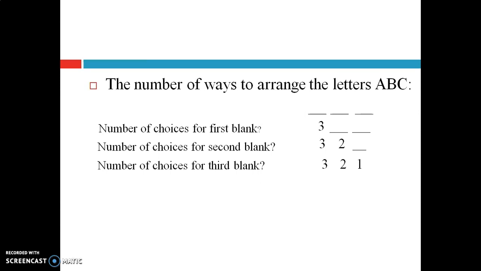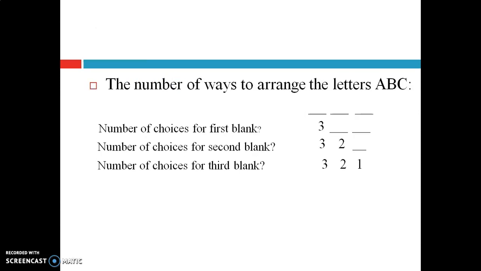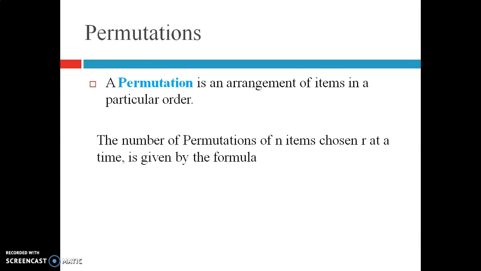So in this example we can find the number of arrangements of the letters A, B, C using the formula n factorial. In this case n is 3. There are 3 letters, so 3 into 2 into 1, that is 6 ways we can arrange the letters of the given word ABC.